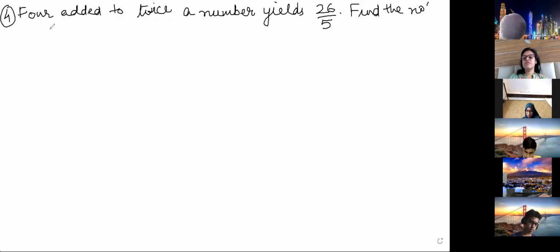Tell me the equation first. Who has written the equation? 2x plus 4 is equal to 26 upon 5. Correct. Very good. So write down and solve it. Give me the answer also.